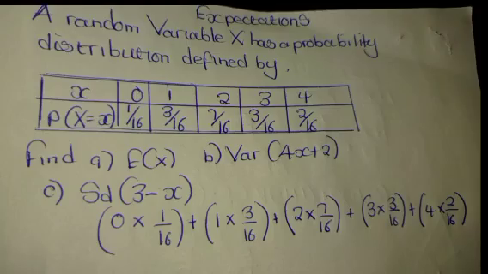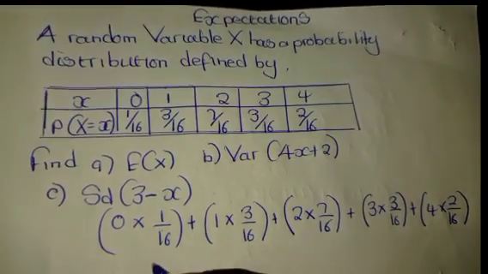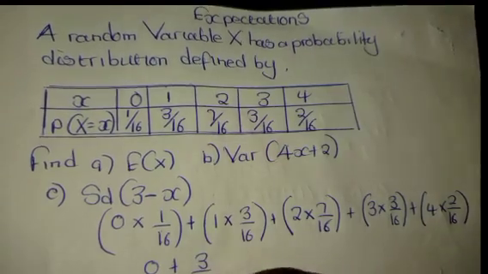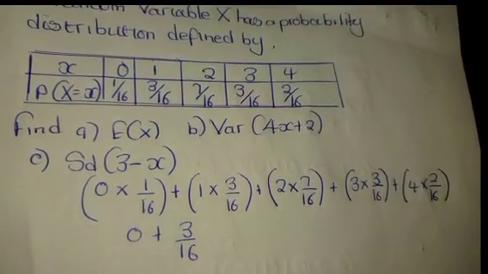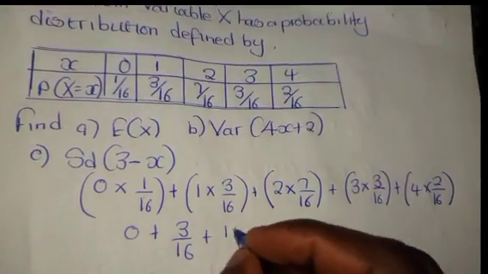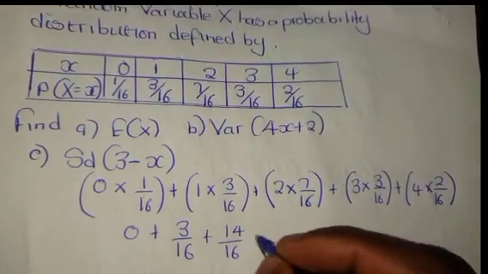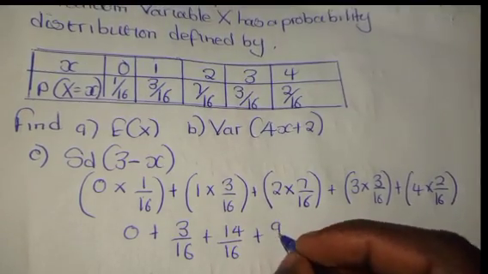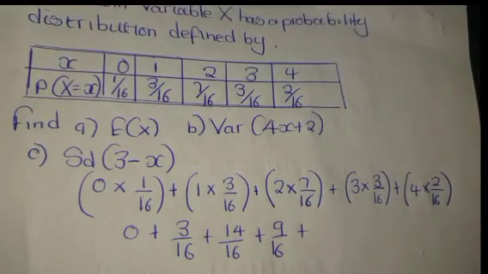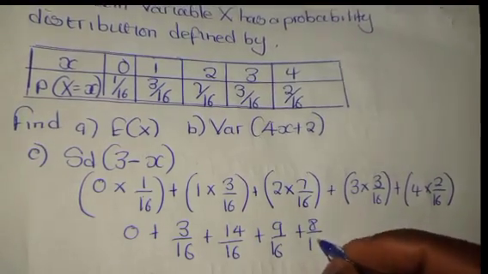When you do your multiplication, 0 times that, you still get 0, plus 1 times this, you still get the same. Remember, any number multiplied by 1 is the same. 2 times that, you get 14 over 16. Plus 3 times 3, 9 over 16, plus 4 times 2, that is 8 over 16.